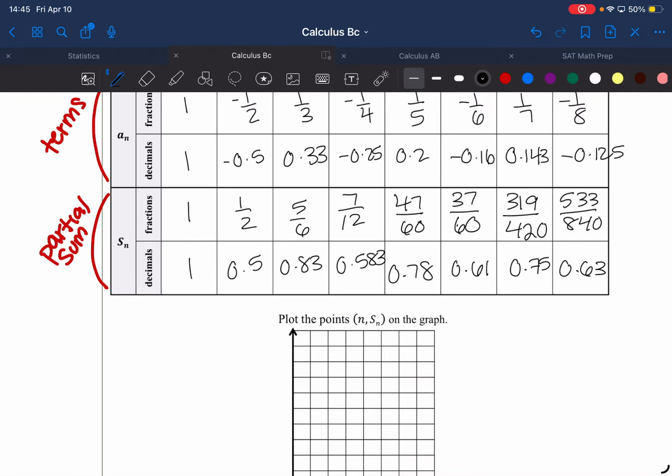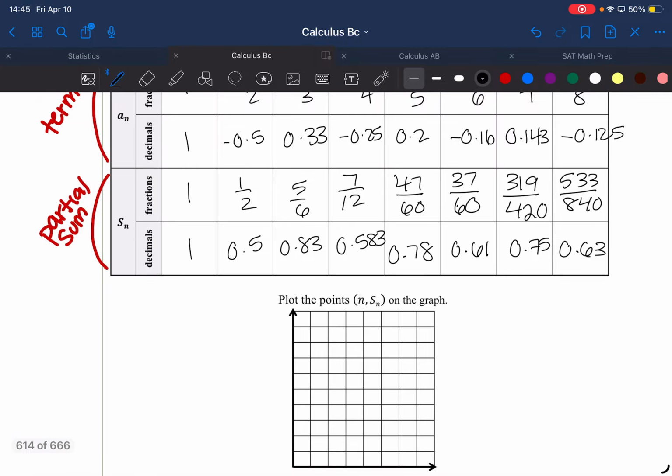Okay, and what it wants us to do next in order to see this alternating series is it wants us to plot the points n, comma, s sub n. So n is all the values that we plugged in, 1 through 8. S sub n are all those fractions or decimals that we got at the very bottom for the partial sums.